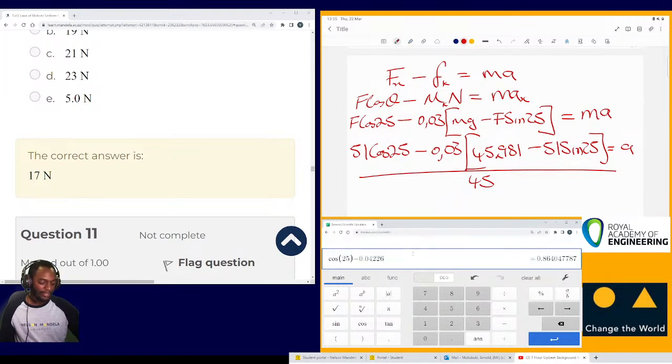Let's see if we can punch that. 45 times. Are you also punching?